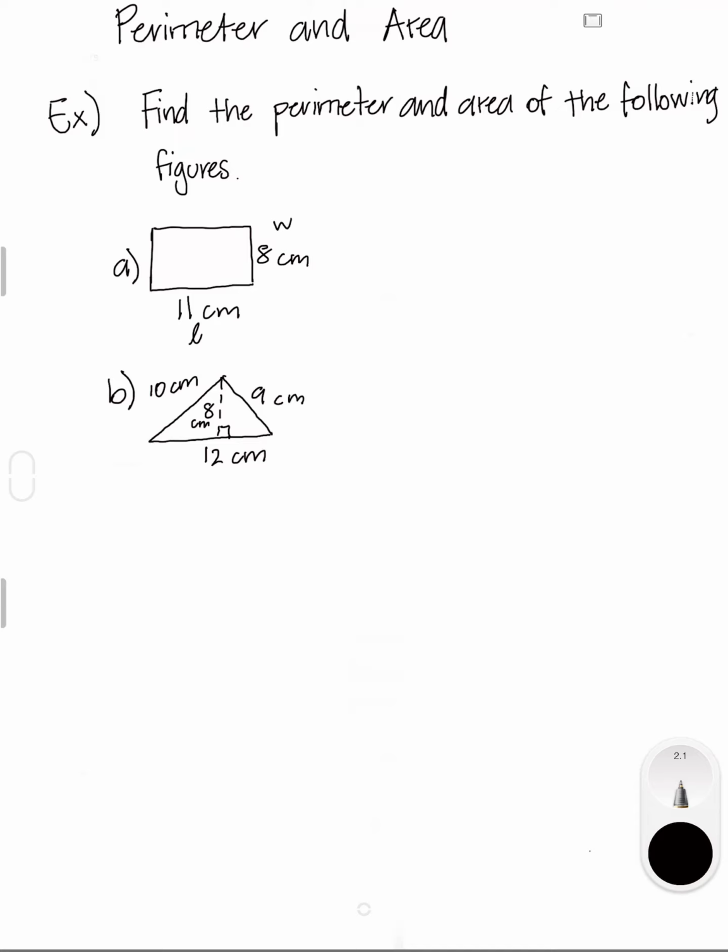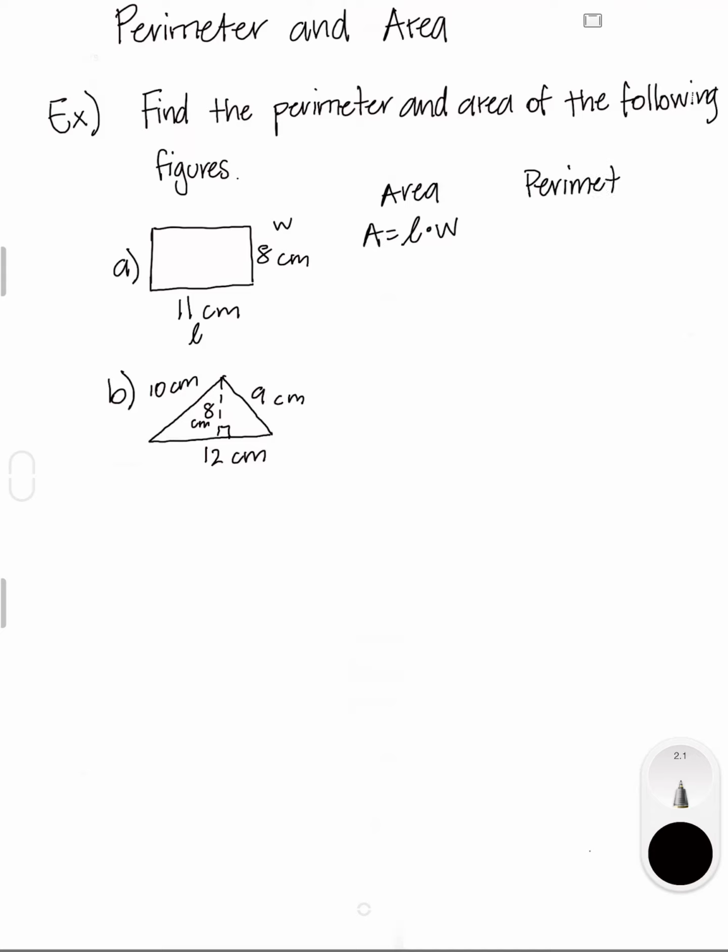Now from the previous table, you have noticed that the area of the rectangle is length times width. So that means we have to multiply whatever the length is times whatever the width is. And in most cases, this is going to be given to us.